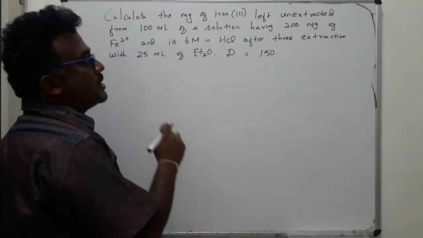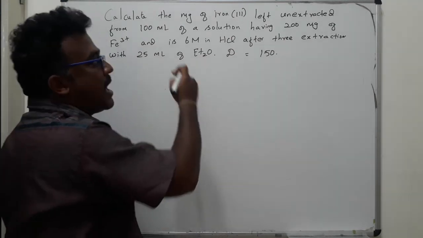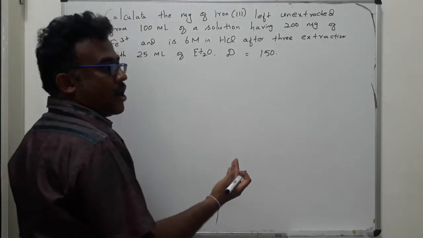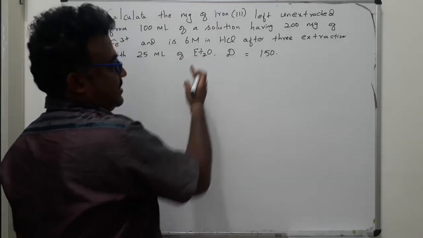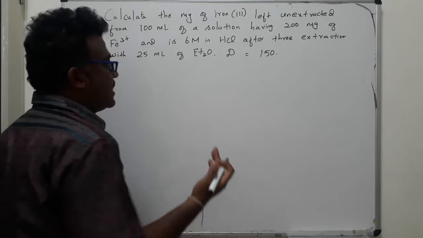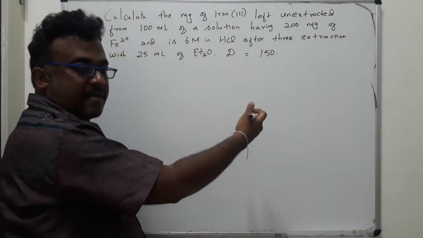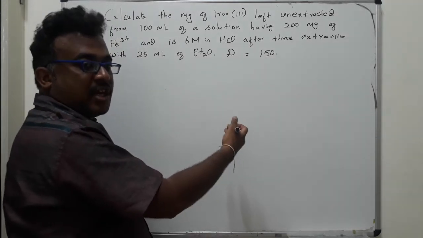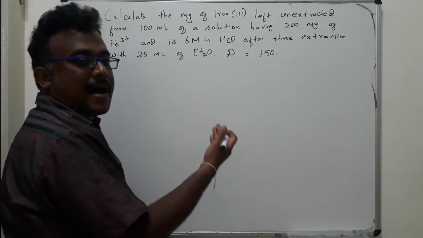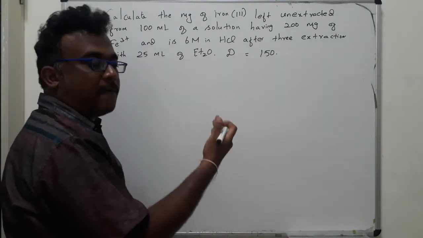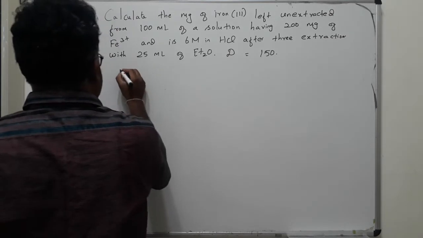Okay, the question is how much iron 3 is left after 3 extractions, that you have to determine. That is very simple. Just use the last equation and you can directly get how much iron 3 plus is left after 3 extractions. Let me calculate now.